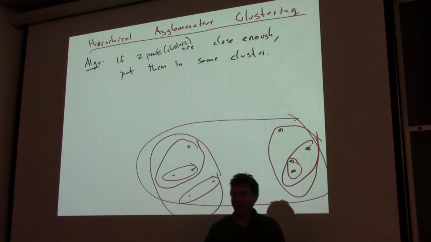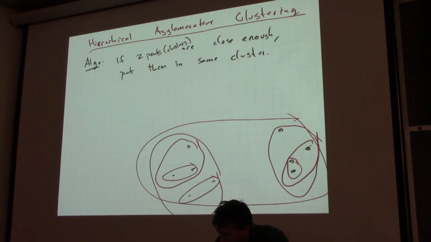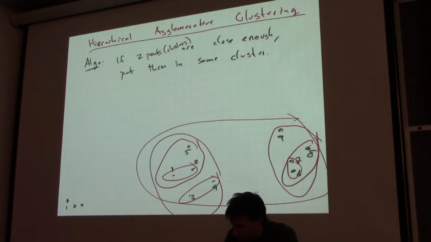And so the nice thing about this is you're getting this hierarchy, where I've got, let me just call them by numbers: 1, 2, 3, 4, 5, 6, 7, 8, 9.